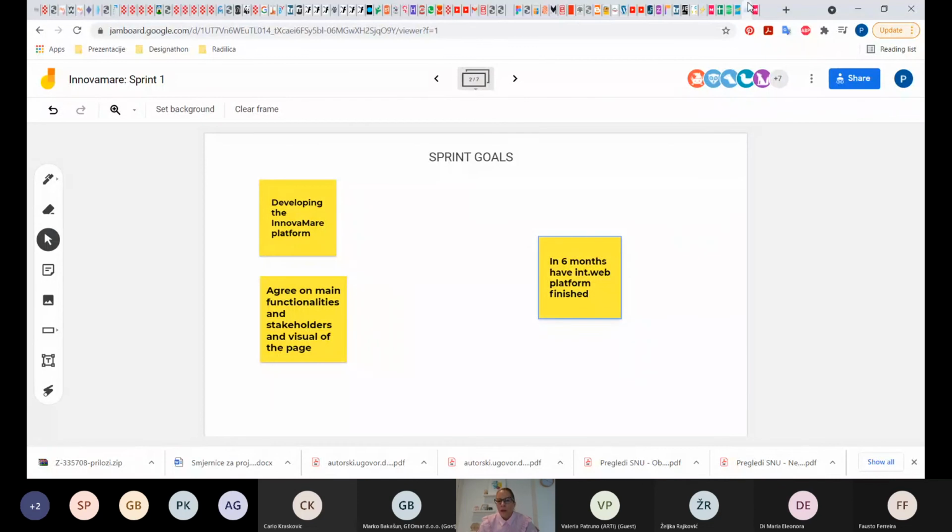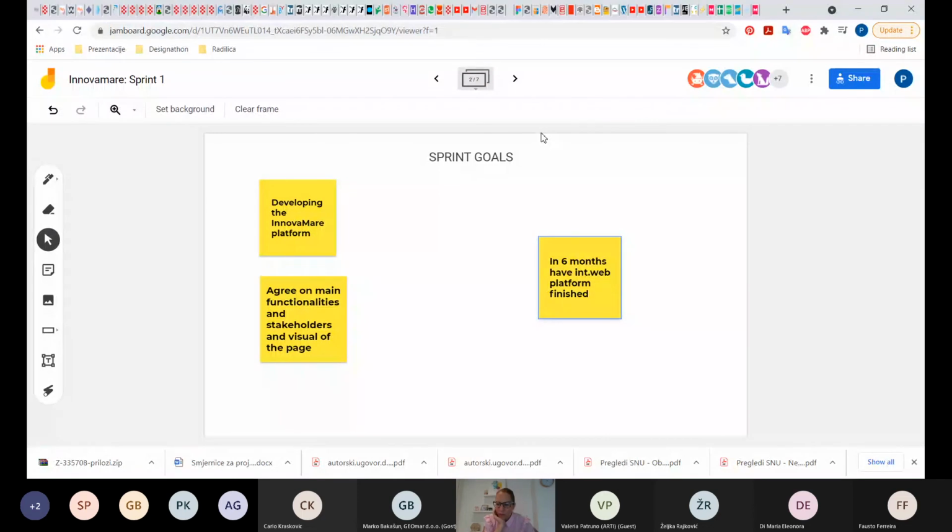No, okay, then let's move on to the next topic. So basically we have to define the sprint questions. What does it mean? It means, okay, now we're very optimistic on the long-term goal of the project and the goals of this sprint, but we just want to come also to the end, to have an overview.